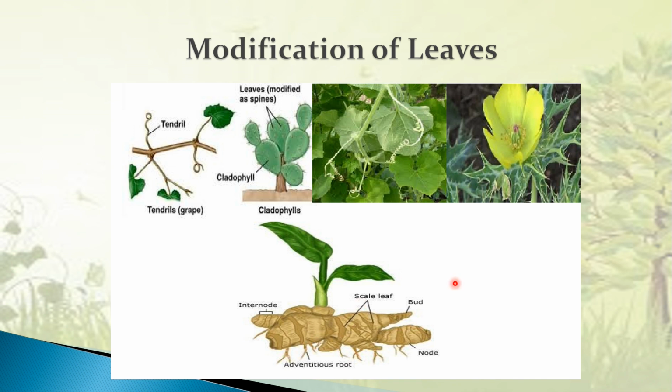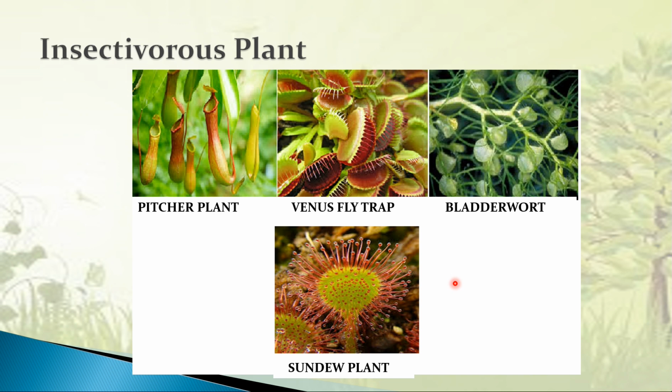Now, insectivorous plants. Insectivorous plants are also called carnivorous plants. Carnivorous animals are those animals which feed on the flesh of other animals, and in the same way, these plants are called insectivorous because they trap insects. They feed on insects. That's why they are also called carnivorous plants.